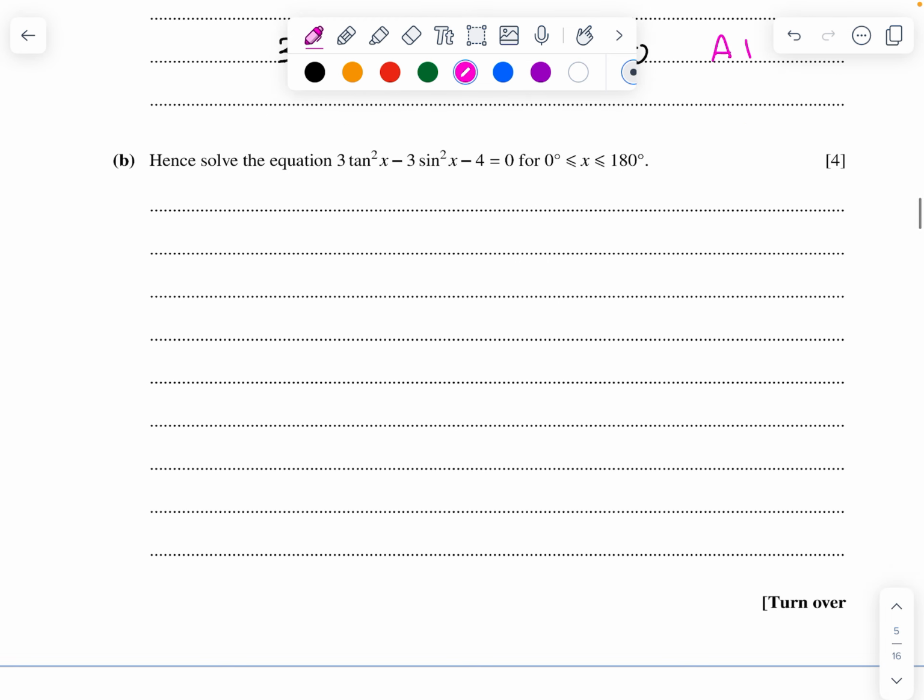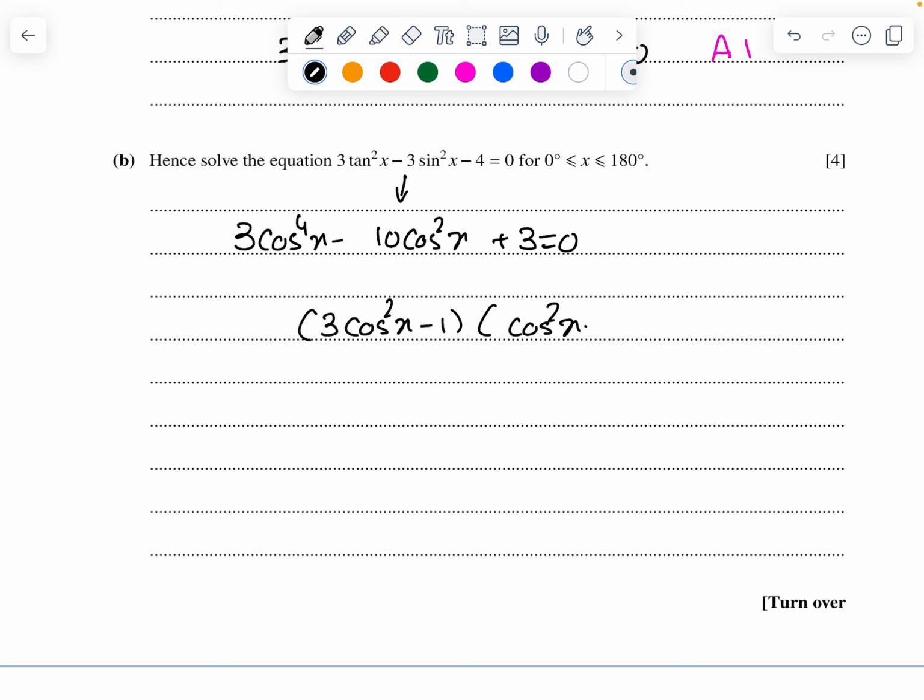Hence solve the equation. So we could able to know that this equation was 3 cos to the power of 4x minus 10 cos square x plus 3 equals to 0. So this is a quadratic. Factorize this quadratic. 3 cos square x minus 1, cos square x minus 3 equals to 0. So 3 cos square x minus 1 equals to 0.